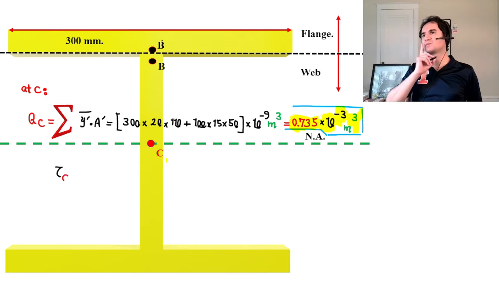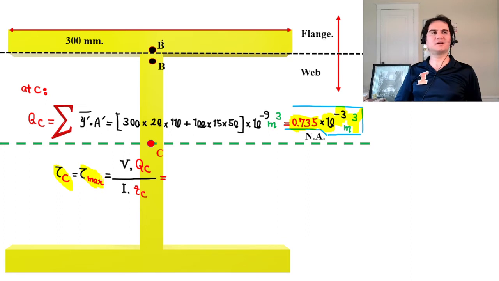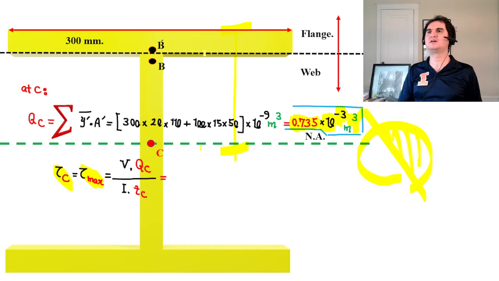And if you plug that into tau C, by intuition, that's a sign of tau maximum. Why is that? Because do you remember, tau maximum happens at the smallest thickness or maximum area, and at the center, like the circle problem, where we consider half of the area, and this is half of the area as well. So that's a hint that maybe that's the maximum shear.